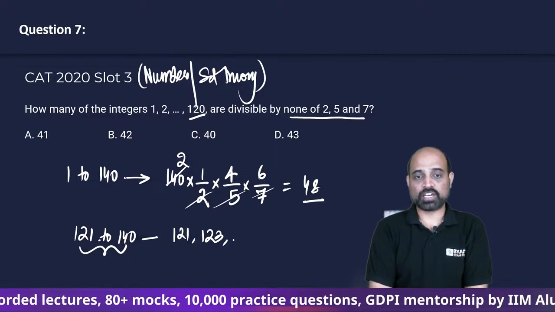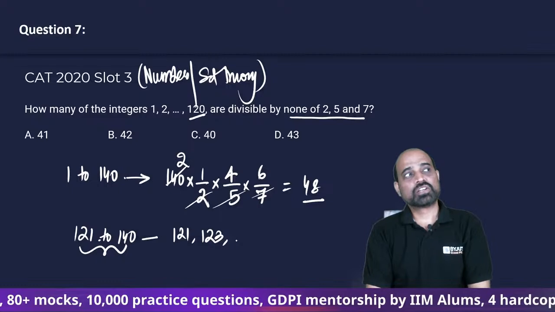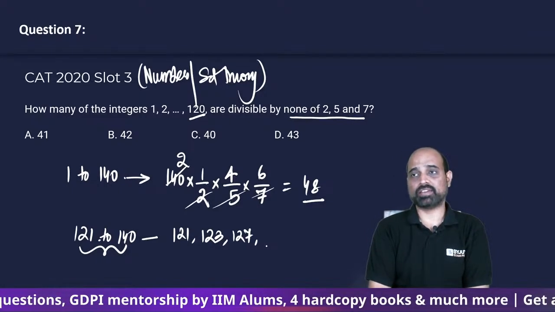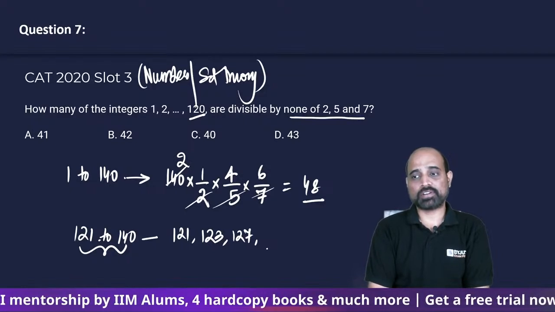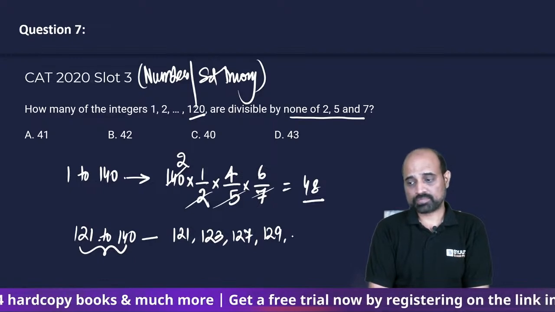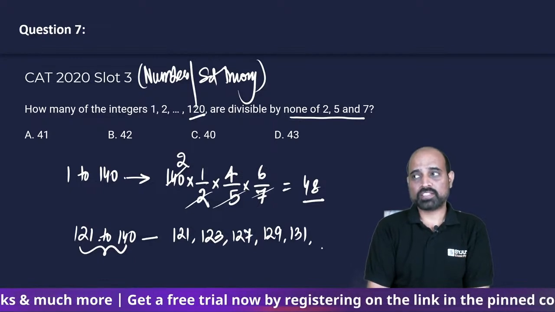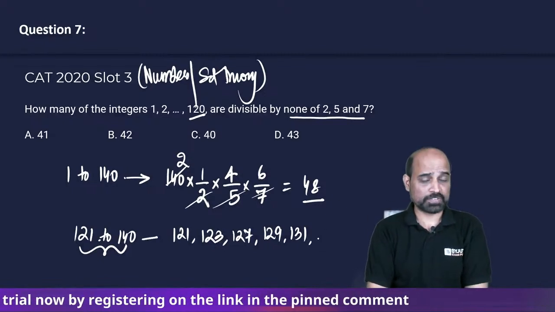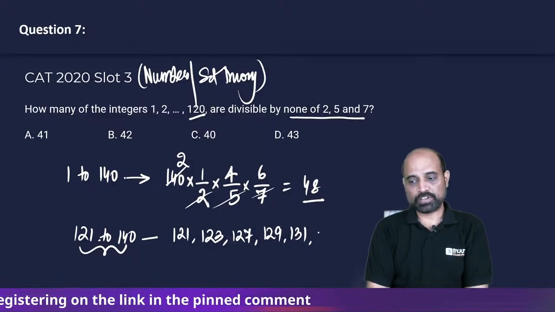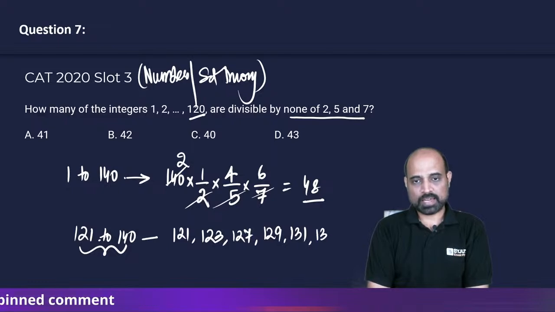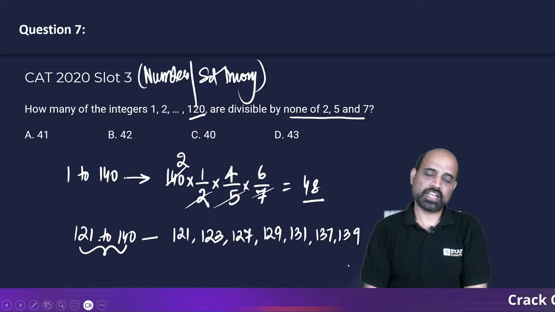125, 5 से हो गया. 127, so that will be included. 129, so 70 and 59. 131, 70 and 61. 133, 71 and 63. 131 is divisible by 7. 135 is divisible by 5. 135 हो गया. 137 and then 139. 139 is 70 and 69.